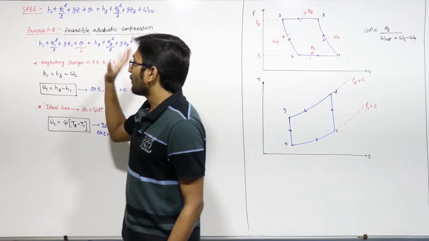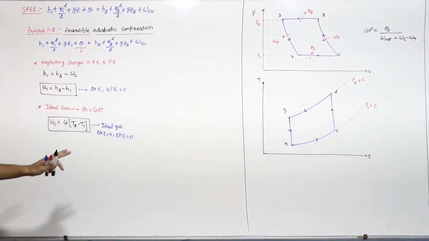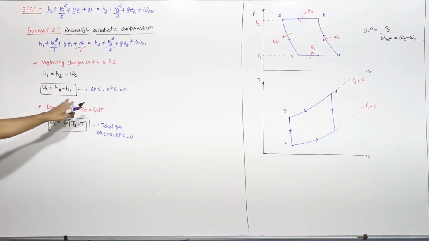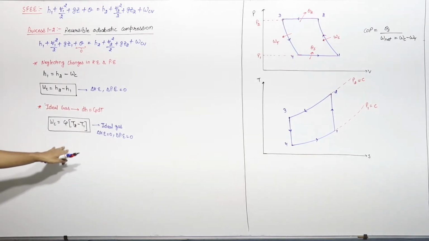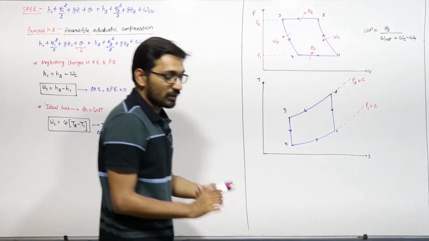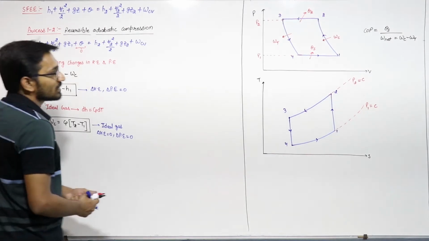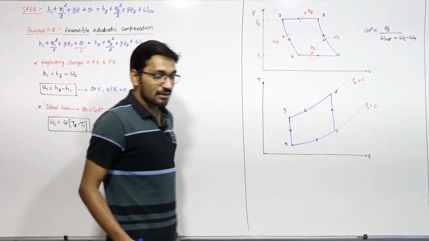So this is for process 1 to 2. The work required by the compressor will be H2 minus H1, or you can say Cp into T2 minus T1. For this process 1 to 2, we know that this is a reversible adiabatic process.